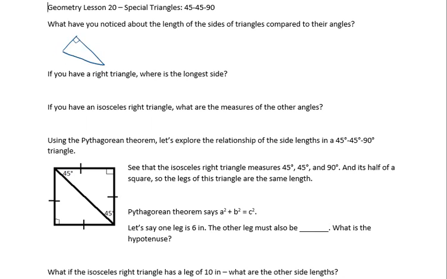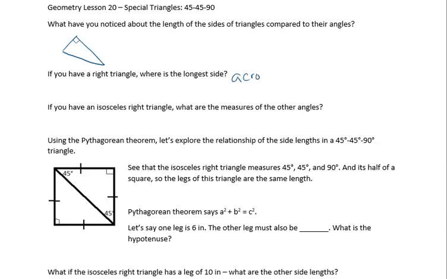And we know in a right triangle that the hypotenuse, the one across from the 90 degrees, is our longest side. So then this is a pretty big angle. It's across from the one that's pretty long, but not quite the longest. So if we have a right triangle, where is the longest side?